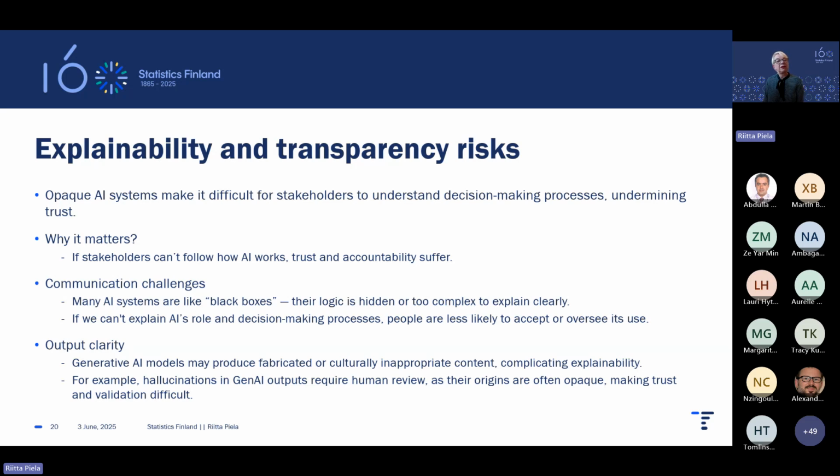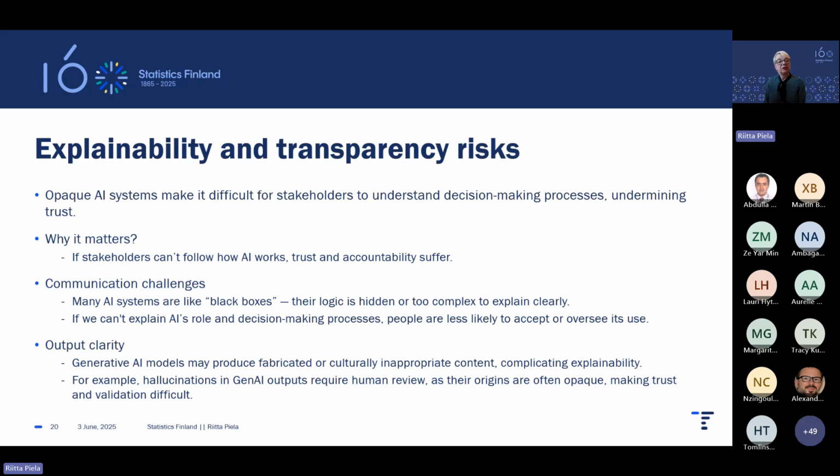If stakeholders can't follow how AI works, trust and accountability suffer. Many systems are like black boxes. The logic is hidden or it's too complex to explain. If we can't explain AI's role and decision-making process, I think people are less likely to accept and oversee its use.